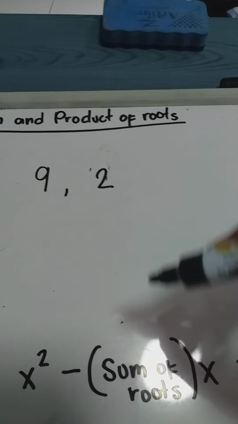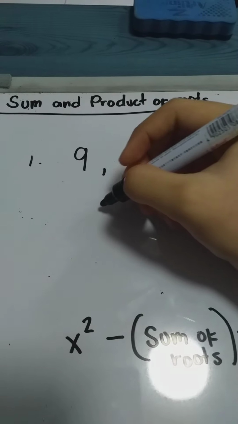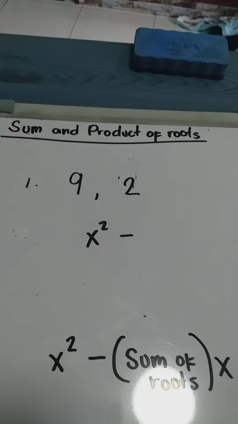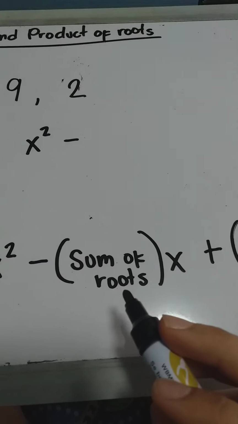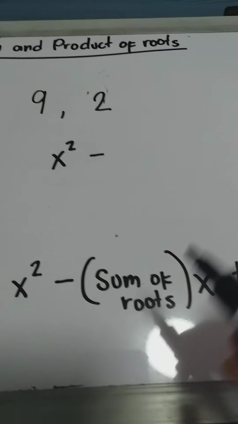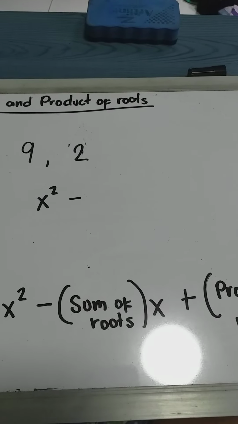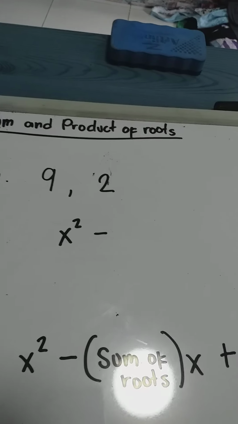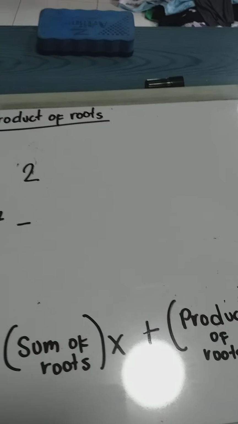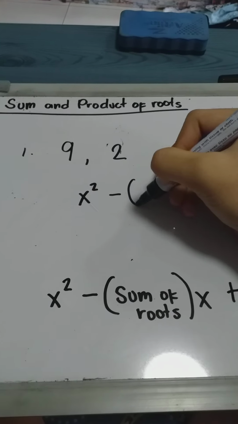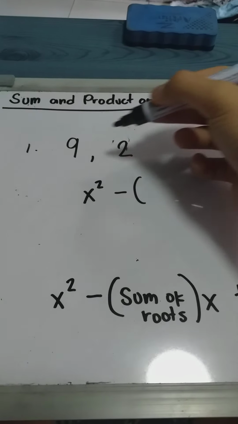Following the formula, all you have to do is write the x squared, the consistent x squared, and then negative. Now, what do I do when it says sum of the roots? This is your roots here, and the sum is the answer of an addition problem, right? So we get the two roots, which are 9 and 2.